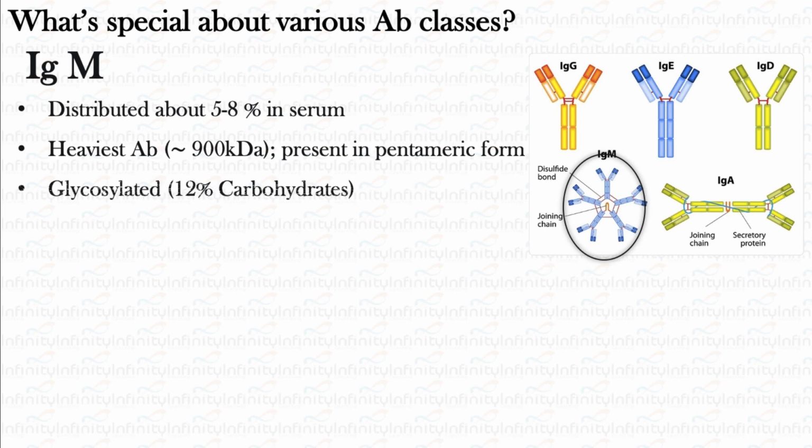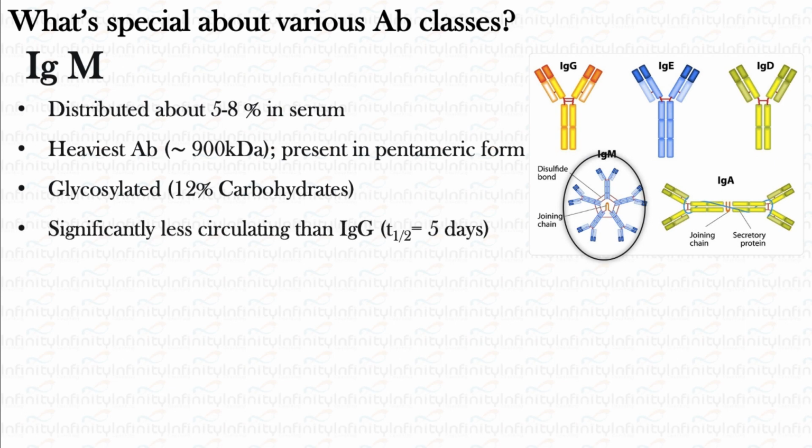Another interesting thing about IgM is that it is heavily glycosylated, with about 12% carbohydrates in its structure. IgM is also significantly less circulating compared to IgG, with a half-life of just about 5 days. There are two subclasses of IgM, IgM1 and IgM2.